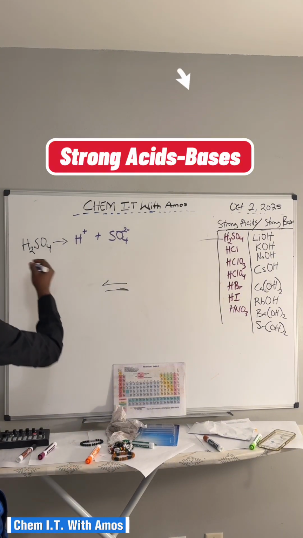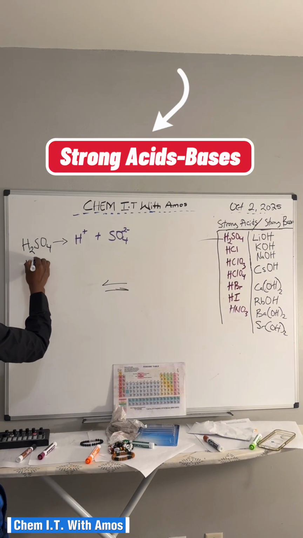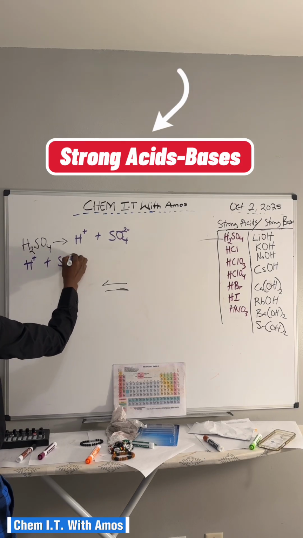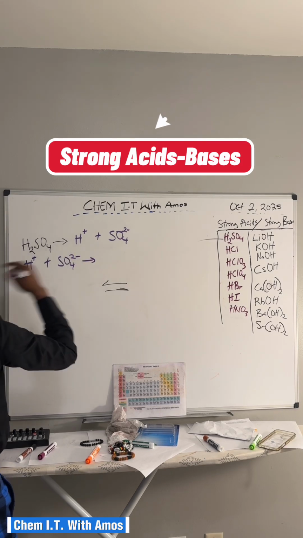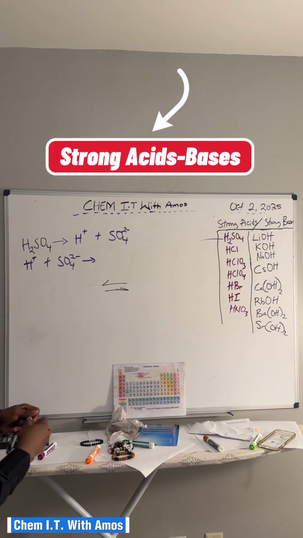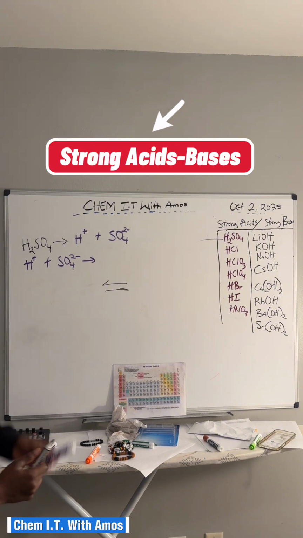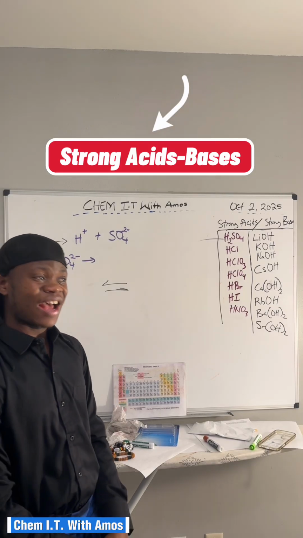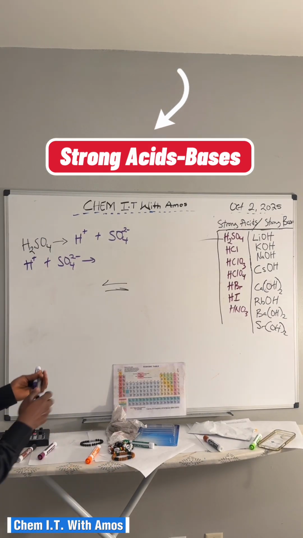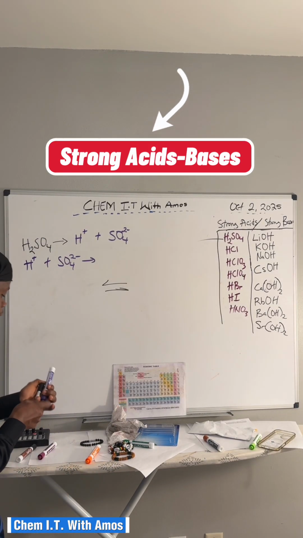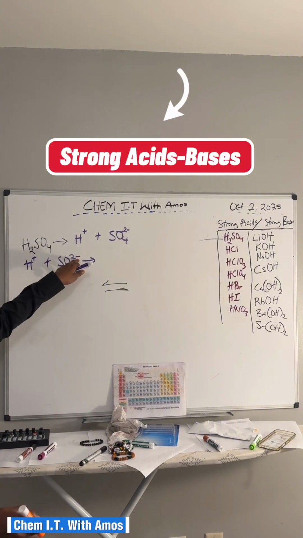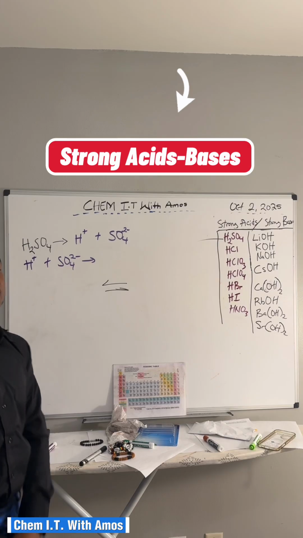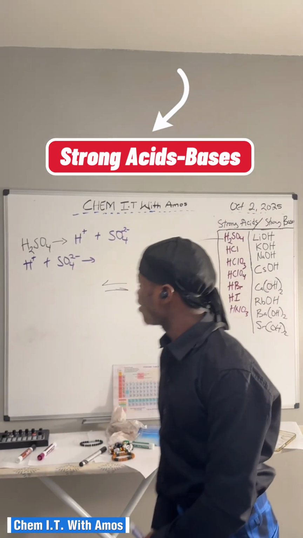That is, we say H+ and SO4 2-. So right here, if you bond the hydrogen ion to the sulfate ion, you produce sulfuric acid. How? This 2 you are seeing right here literally belongs to the sulfate ion.